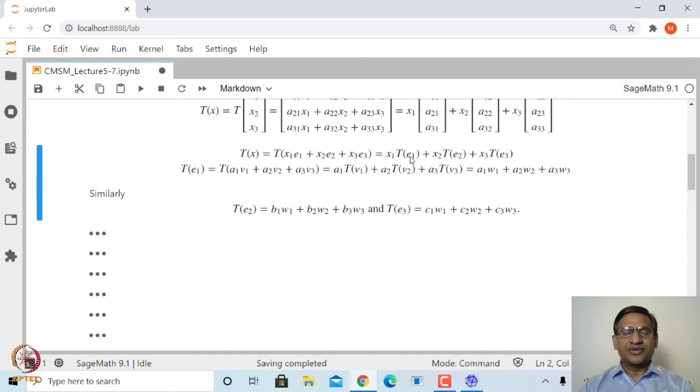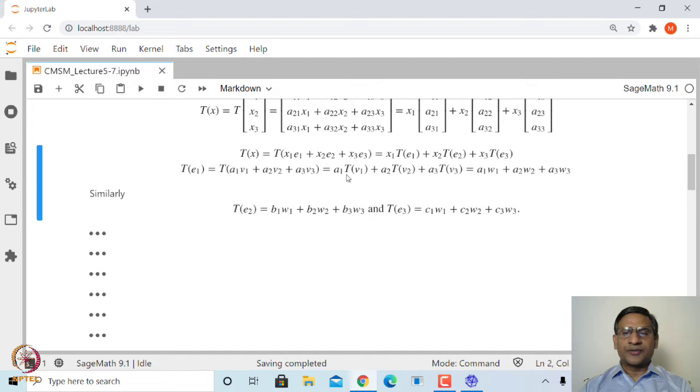However, this V1, V2, V3 is a basis of Q3. Therefore, any vector can be written as a linear combination of V1, V2, V3. So, in particular, we can write e1 as a scalar linear combination of V1, V2, V3.